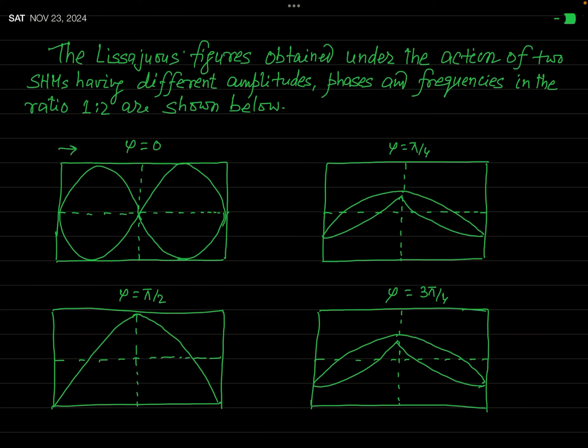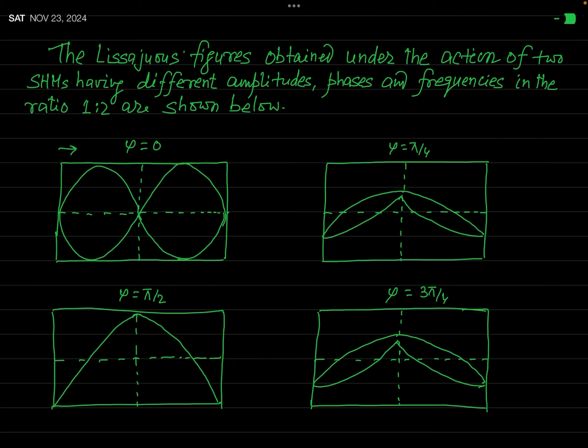If you have to write the answer in your examination, there is no need to write the equation of trajectory for all values of phi. We have written the particular expression for the equation of trajectory for phi equal to 0 and phi equal to pi by 2. That is more than sufficient. But remember these figures.